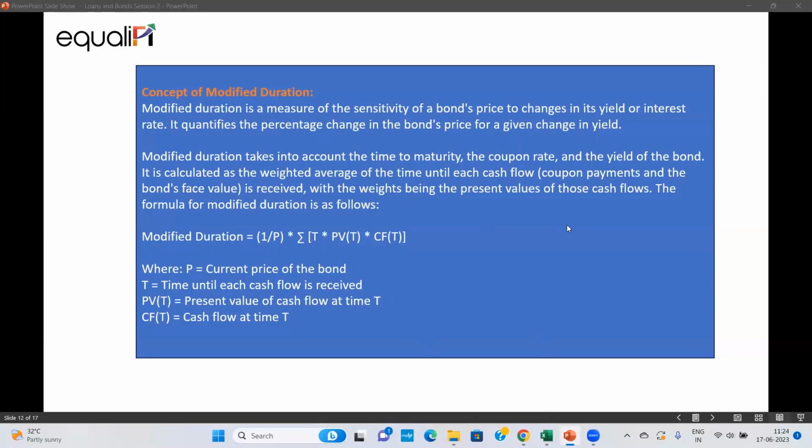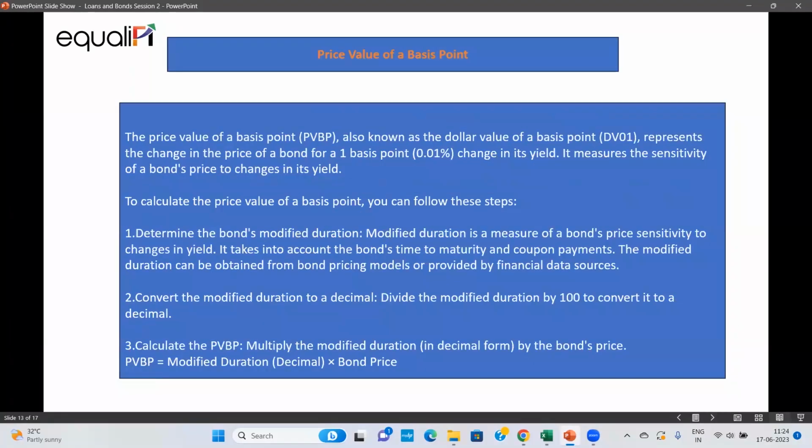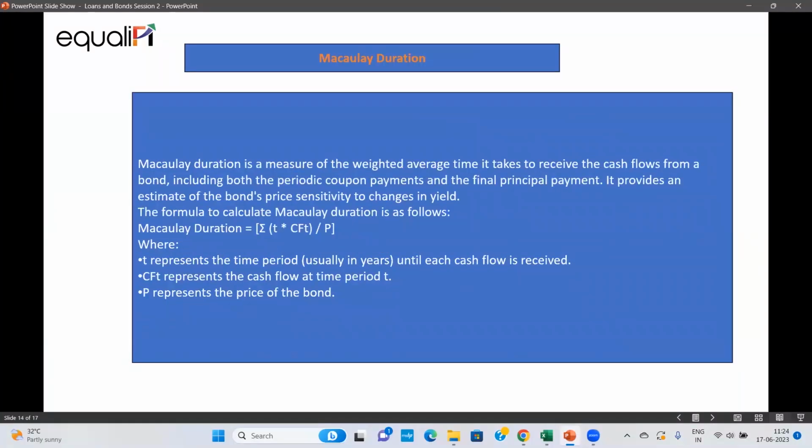So using this formula, you are supposed to find out the problem, and understand this page as well.